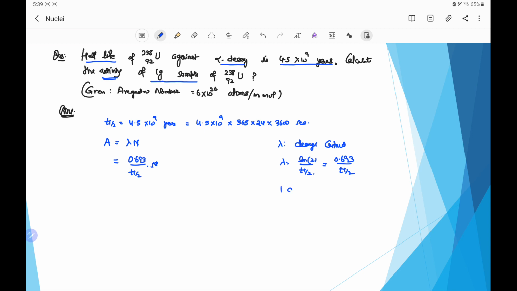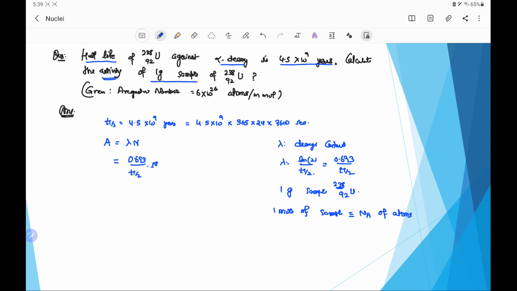We are given a 1 gram sample of uranium, which has atomic number 92 and mass number 238. As per the mole concept, 1 mole of sample will have Avogadro number of atoms.